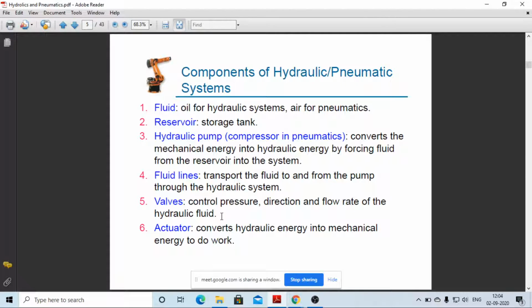As you move your tap clockwise, it will make the flow rate very less, and you can control the flow rate manually or automatically with the help of some controller.